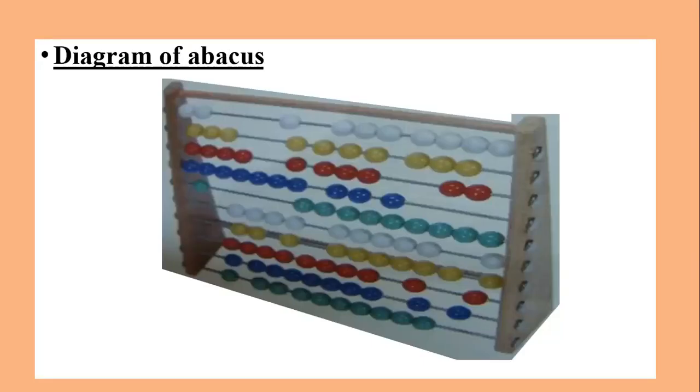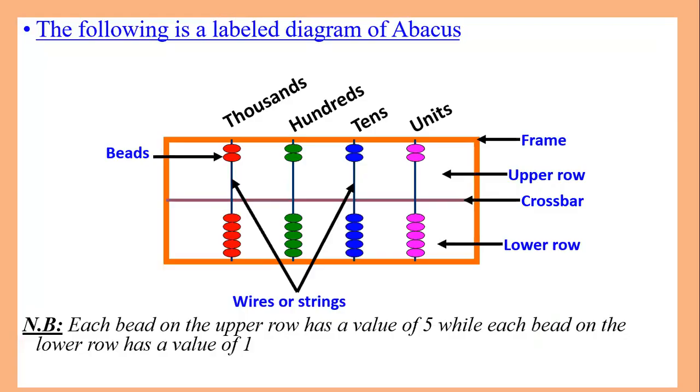The following is a diagram of an abacus. You can see that it contained beans and sticks or strings tied in the middle. In order to represent numbers using the abacus, every bead on the upper row had a value of 5, while each bead on the lower row had a value of 1.